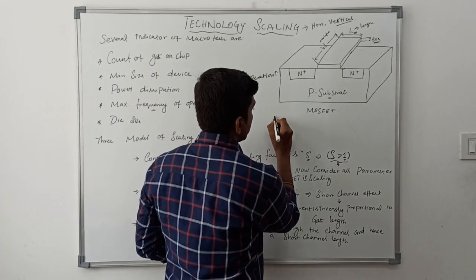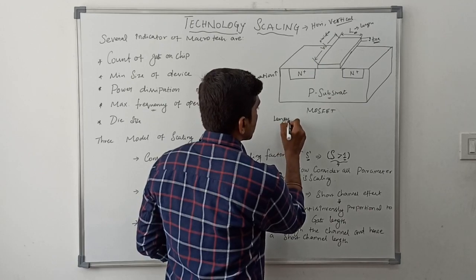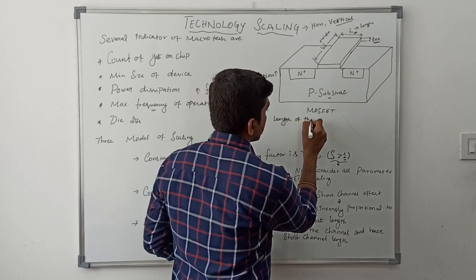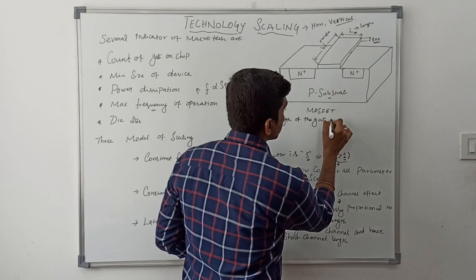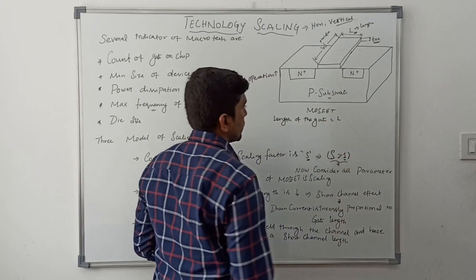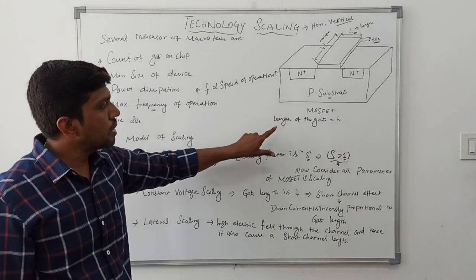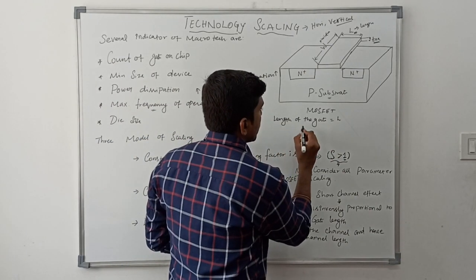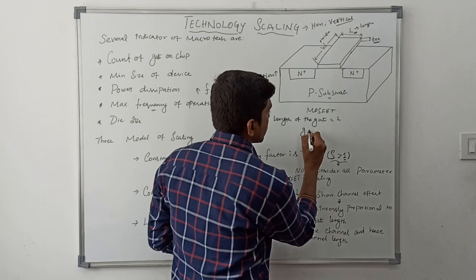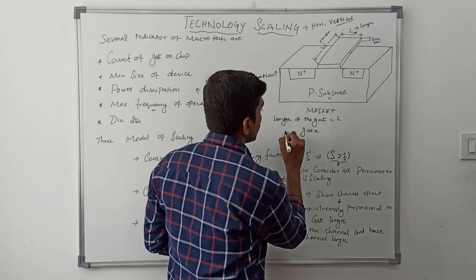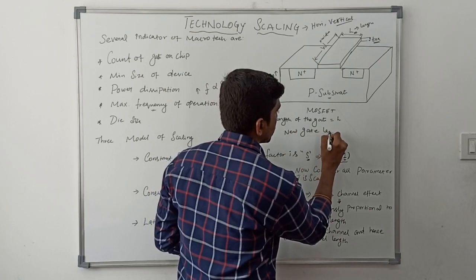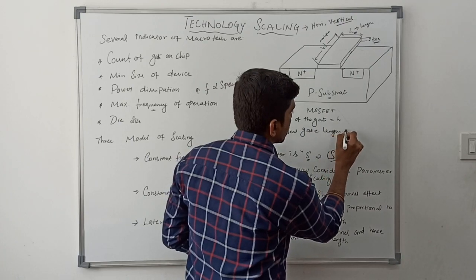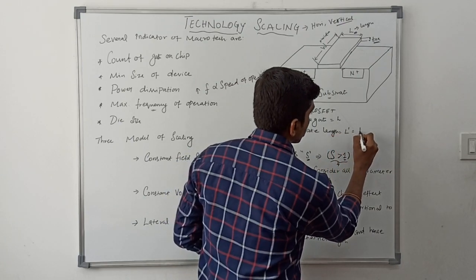Let us consider the length of the gate. Before applying the scaling, the length of the gate is L. After applying the scaling, we get the new gate length, referred to as L dash.